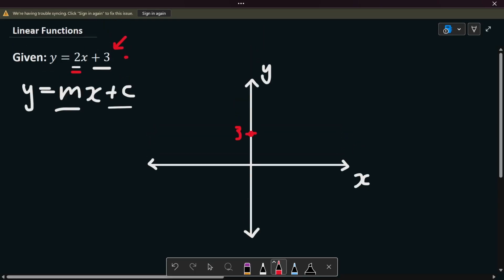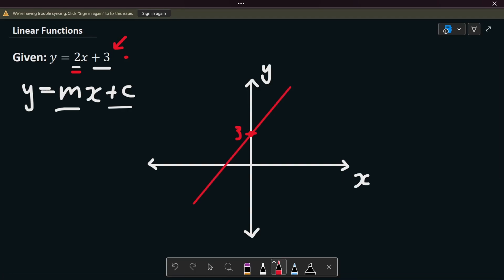So in this case, we need to see whether the gradient is positive or negative. And we can clearly see that the gradient is positive 2. So therefore, it will be increasing from left to right. It will look something like that. So we have our straight line. It would look something like this.